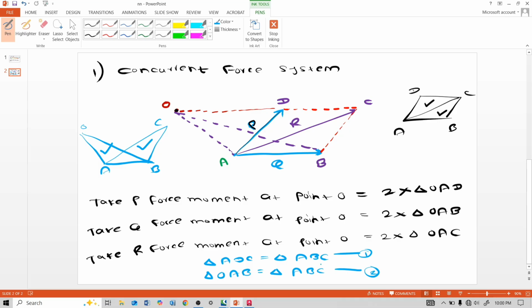So with the help of this 1 and 2, what will we write? We will write triangle ADC is equal to triangle ABC is equal to triangle OAB.